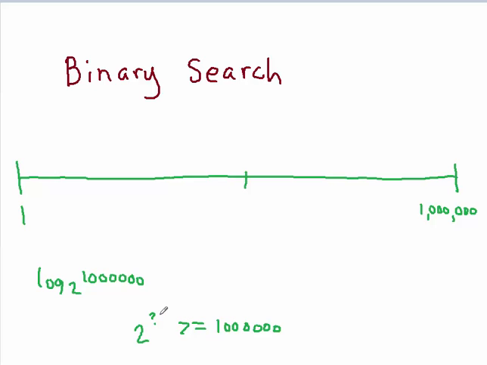I'll give you some time to compute that. It turns out that 2 to the 20th power is a little bit greater than 1 million. So it would take at most 20 guesses to find a number between 1 and 1 million.